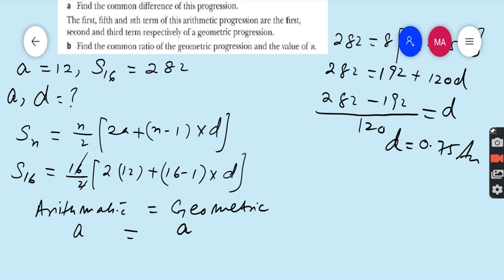The fifth term, that is a plus 4d of arithmetic, is the second term of geometric, that is ar, and the nth term, that is a plus n minus 1 into d, is equal to the third term of geometric, that is ar square. Find the common ratio of the geometric progression and the value of n. Hope you understand.